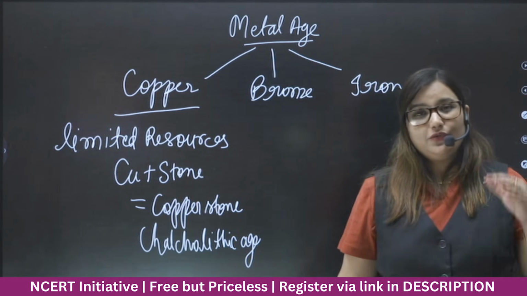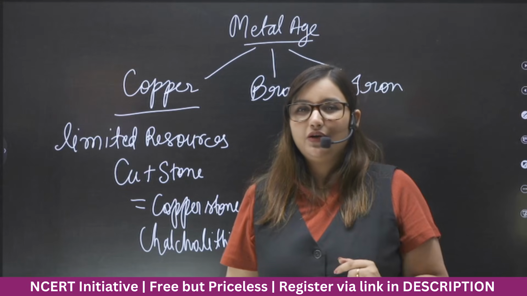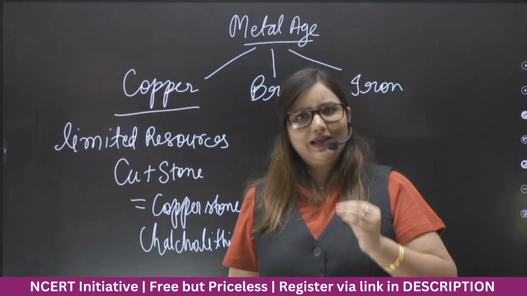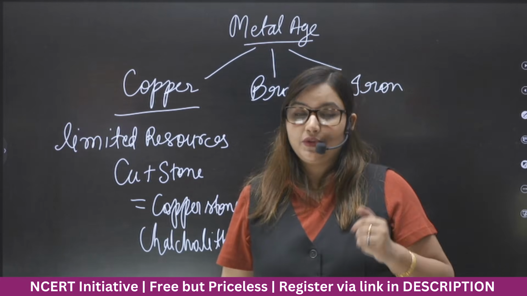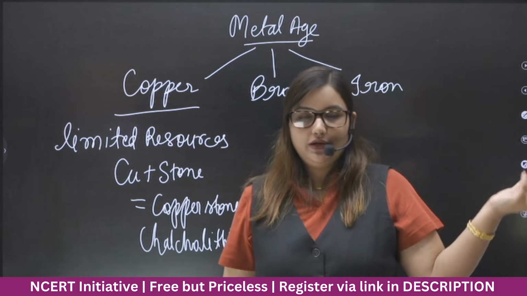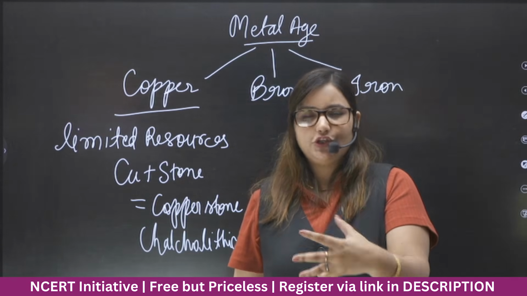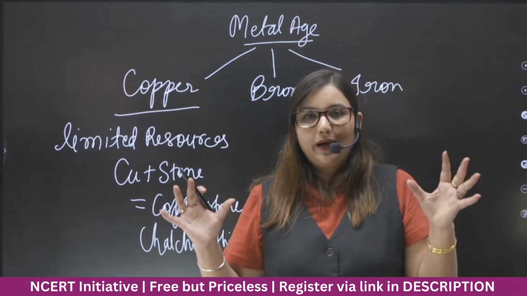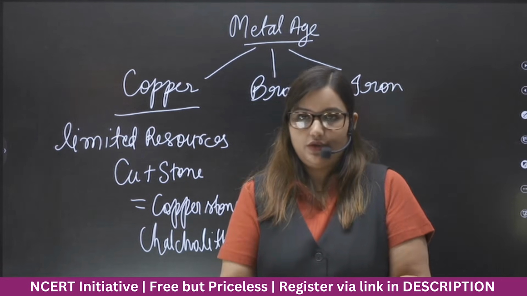Because we were using stone for a very long time, so we could not switch from stone to metal so quickly. Everything happens slowly and gradually. So we thought to mix it. We thought that okay, we had stone, now we have something which is better, harder, with a lustrous finish, looks more durable, so let's mix it. And by making use of both these things, they got the Chalcolithic age.